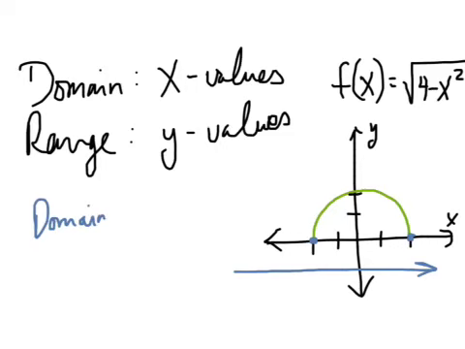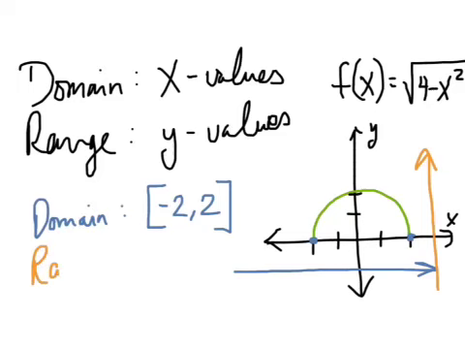So my domain is going to be from negative 2 to positive 2, according to the picture. Then the range goes up, or I like to say from floor to ceiling. So for this particular thing, the range is going to be from 0 to 2, according to what the picture shows.